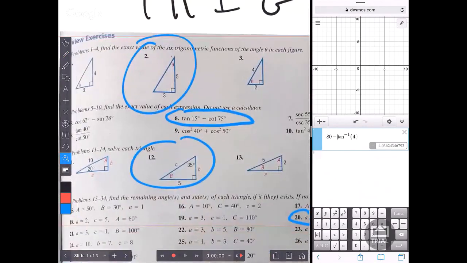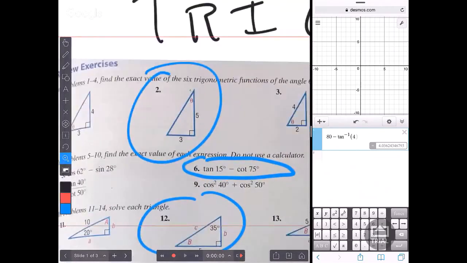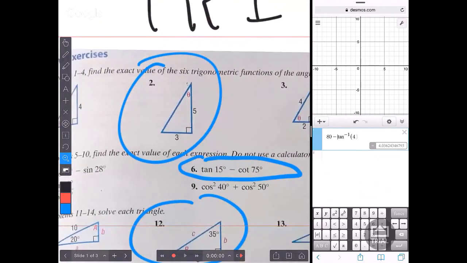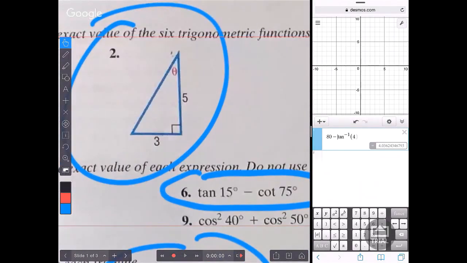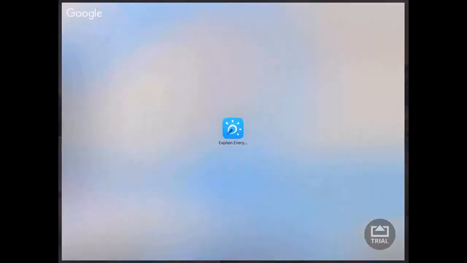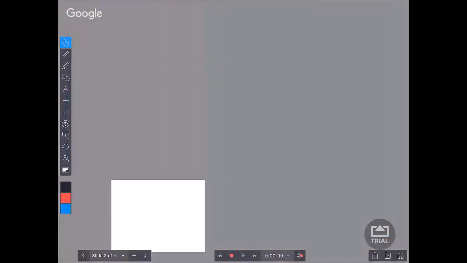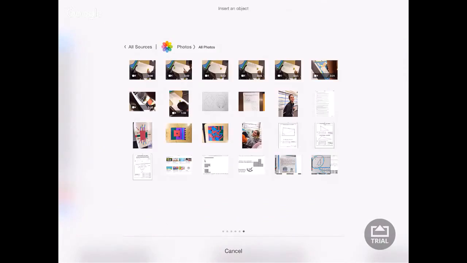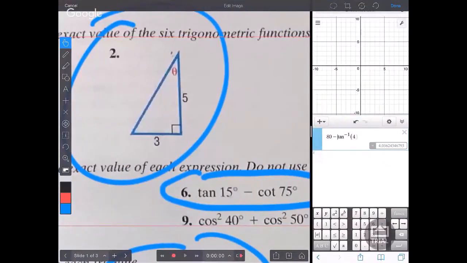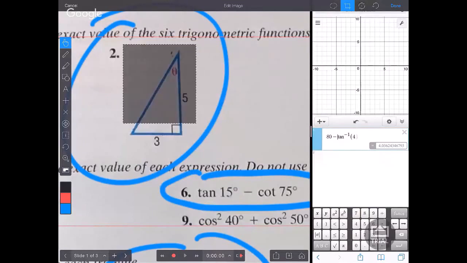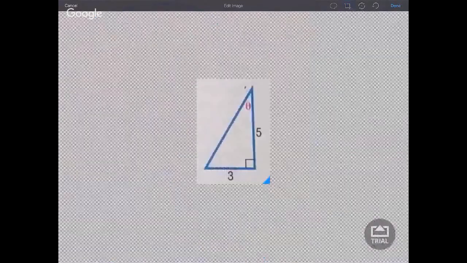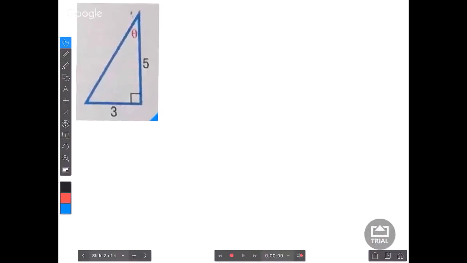Number 2, find the exact value of the 6 trigonometric functions of that angle with base 3 and height 5. Okay, new page, new photo, zoom in.